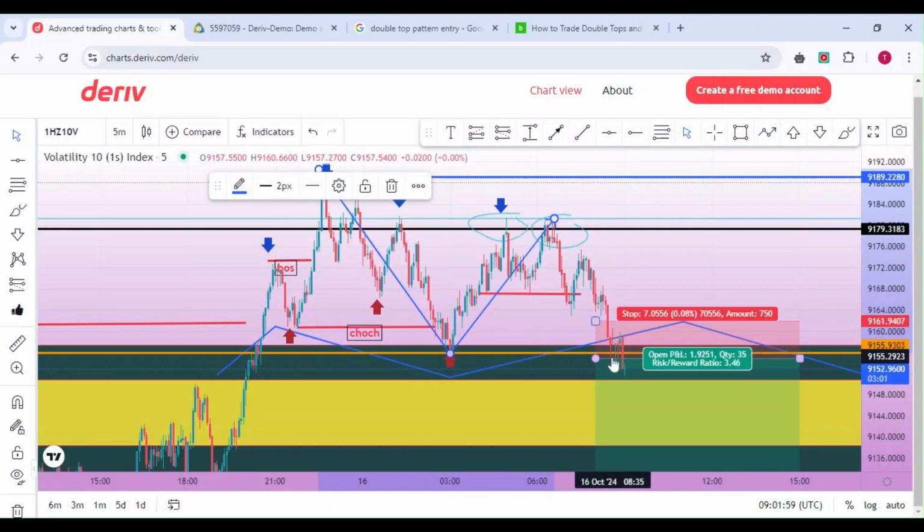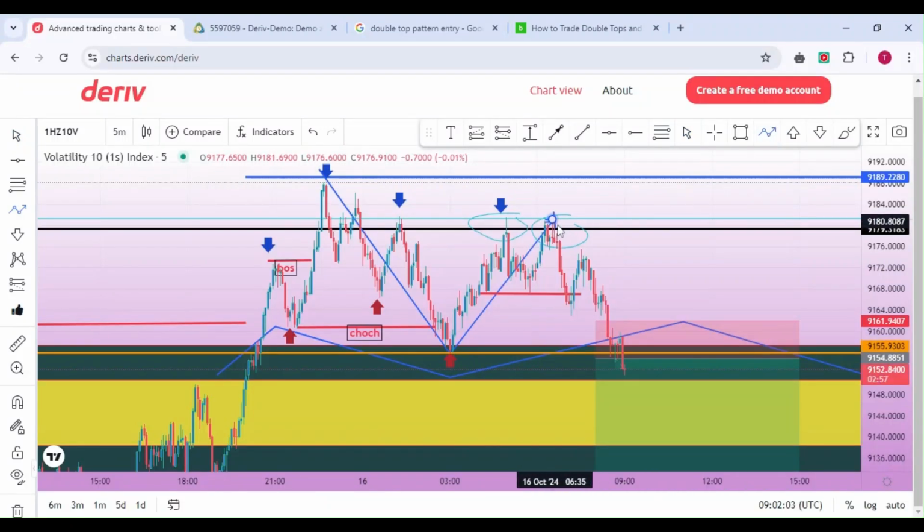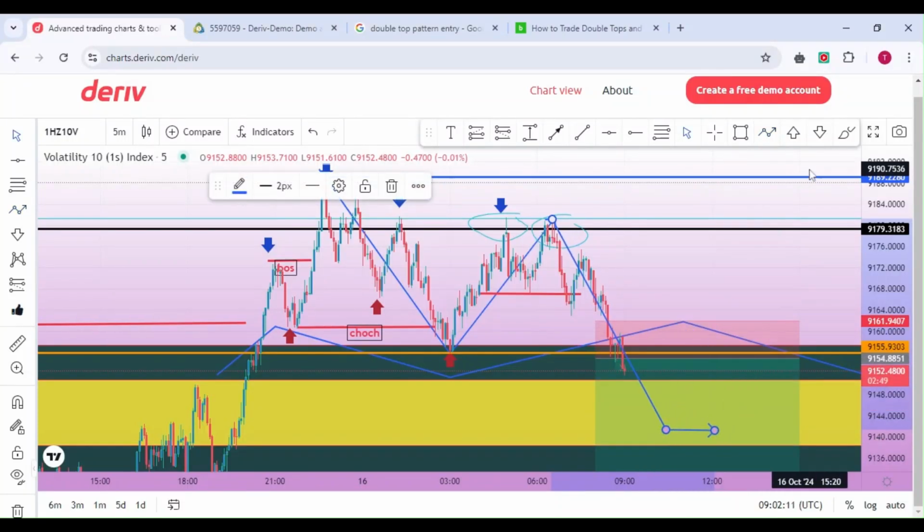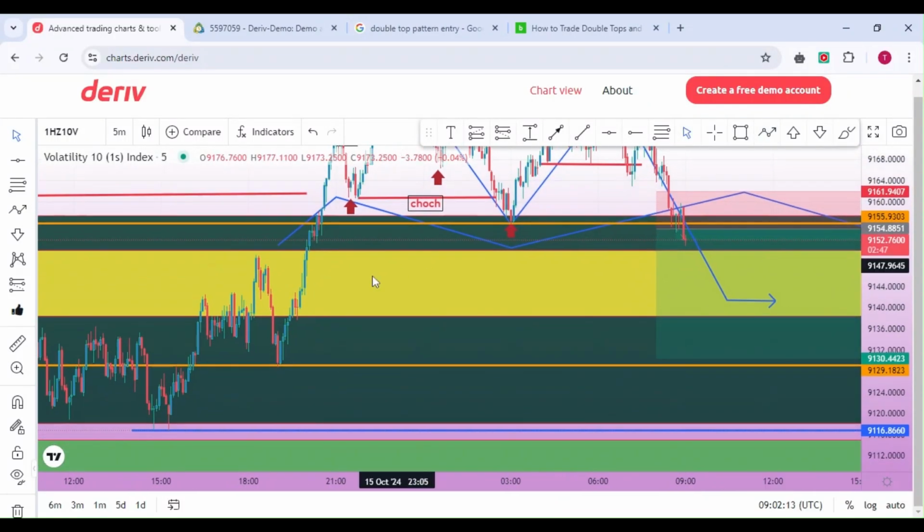Currently I expect the market to go down until that zone I've told you on the downside. So our first take profit is at that point, which is the lowest point of the market, and you see at the 5 minutes that's the point which is lower.